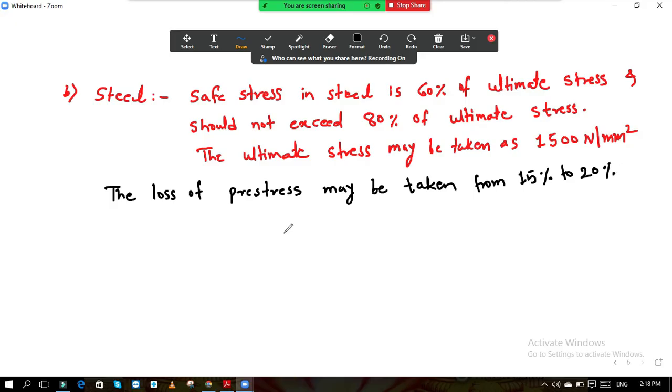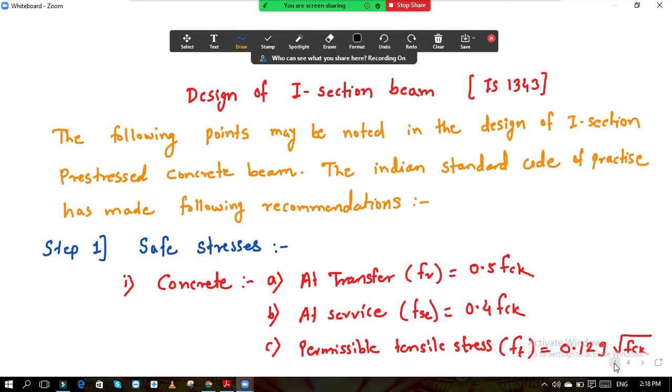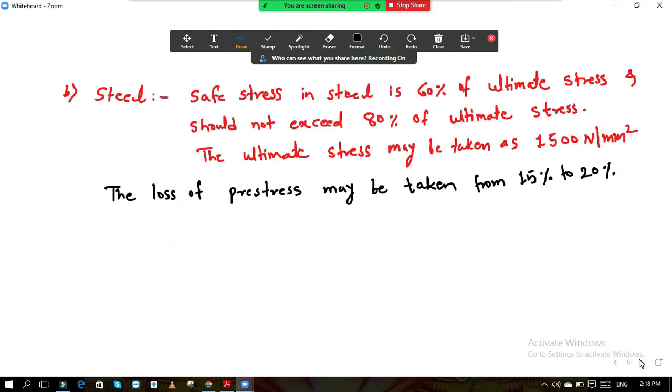Okay. So loss of prestress. So at transfer, whatever may be the prestress, at service the same prestress will not be there. The losses will occur, and those are in between 15 to 20%. Okay. So, step number one.